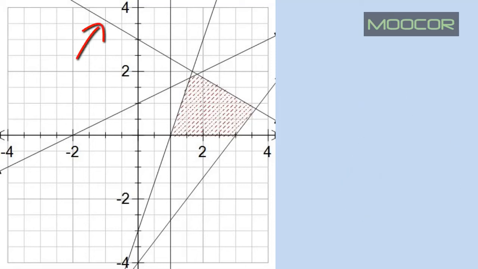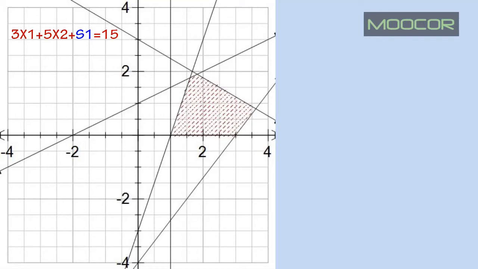Let's consider one of them. Let's consider that first line. That line representation is this line in the graph. Now the line itself represents the equation. That's how we plotted the line. We set it equal and we plotted the line. So the line itself represents the equation.